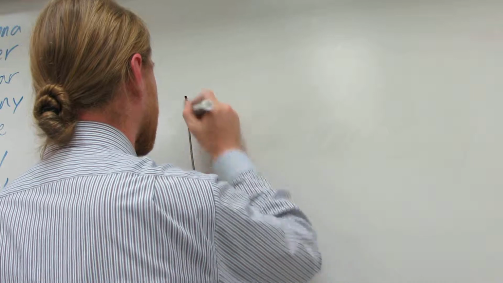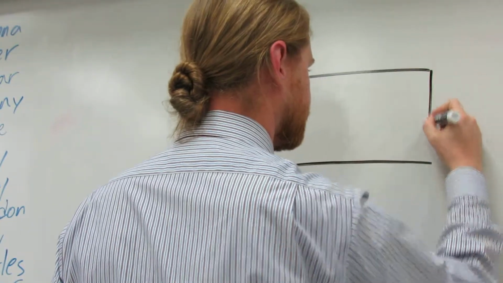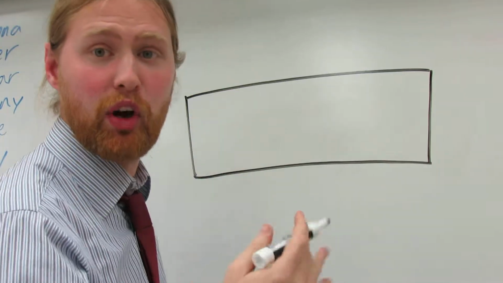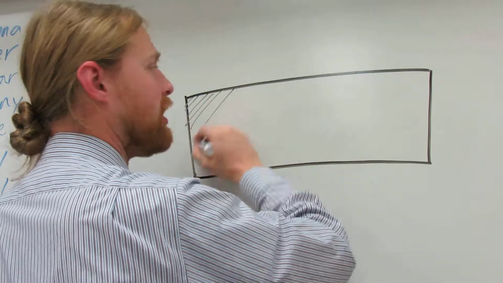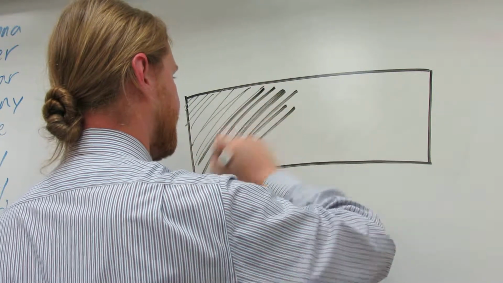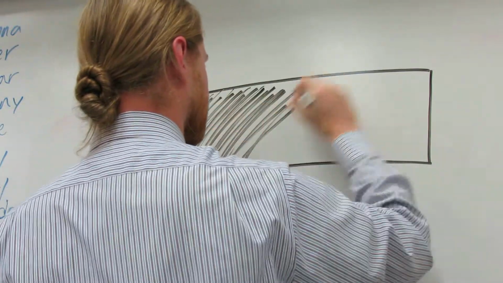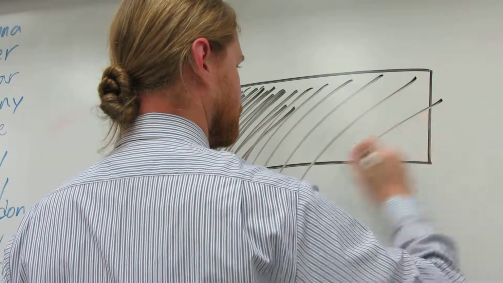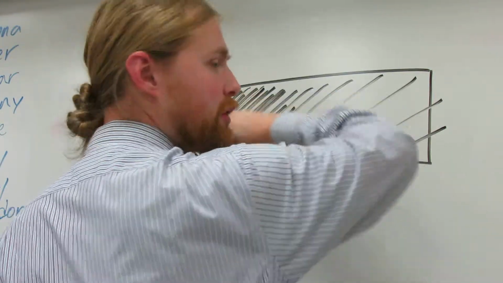Say I got my rectangle again. And this time I'm going to do cross-hatching. So I've got my crisscross lines. Now I'm going the other direction.